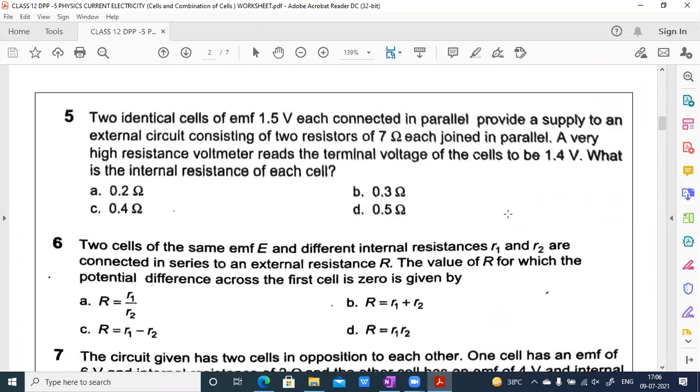Question number 5 शायद किया था अपने क्लास में. We did question number 5.